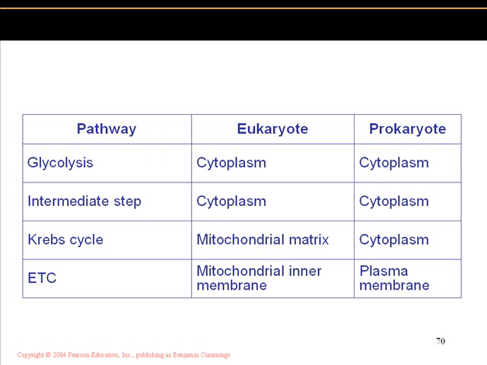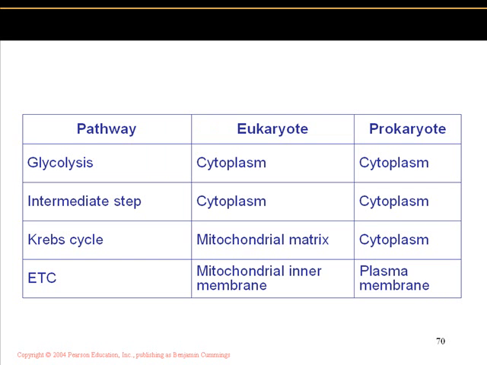The Krebs cycle in eukaryotic organisms, inside the human system, takes place inside the mitochondria. In the primitive cells, prokaryotes, the Krebs cycle takes place in the cytoplasm, and the electron transport chain takes place in the mitochondrial inner membrane, and then in prokaryotes, in the plasma membrane.